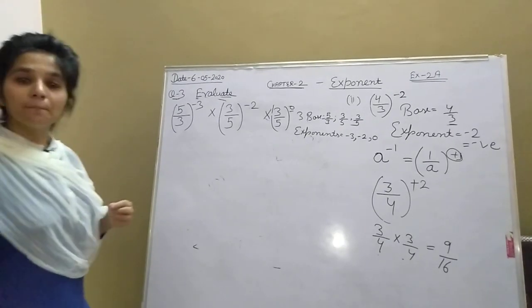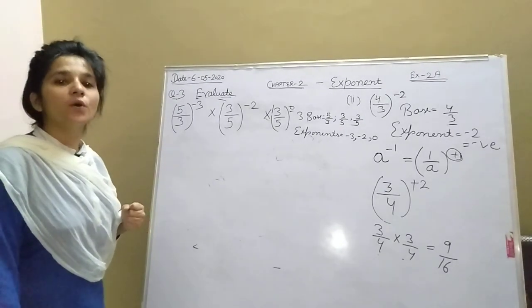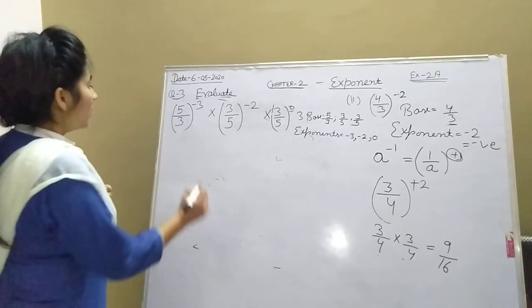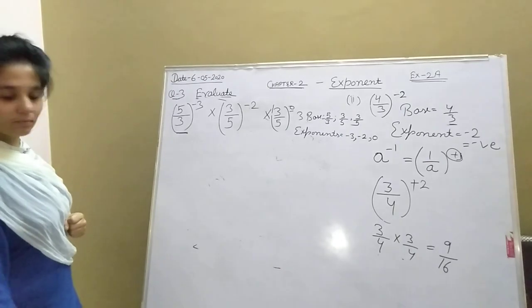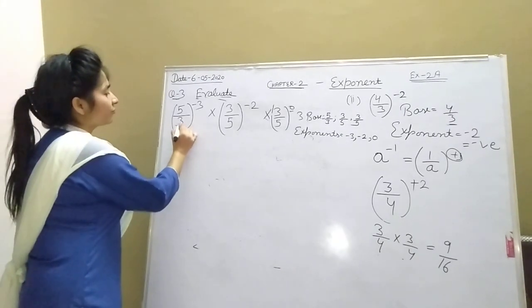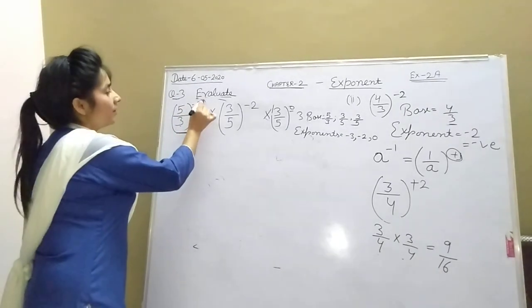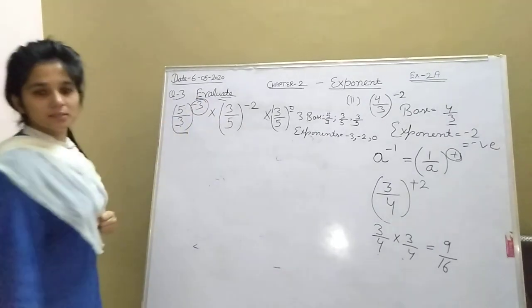Now again applying the rule of the exponent. Firstly you will focus on the first base. Your base is 5 by 3 with negative exponent.